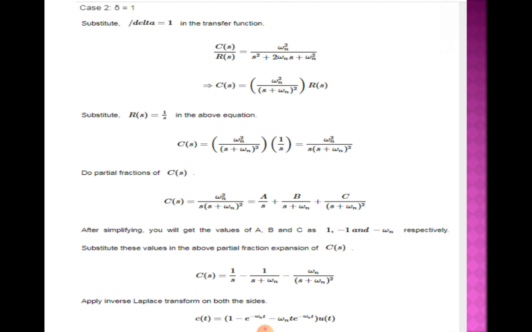So C(s) can be written as, here delta value equal to 1, so you will get omega n square divided by s square plus 2 omega n s plus omega n square, which can be written as (s plus omega n) whole square, into R(s).